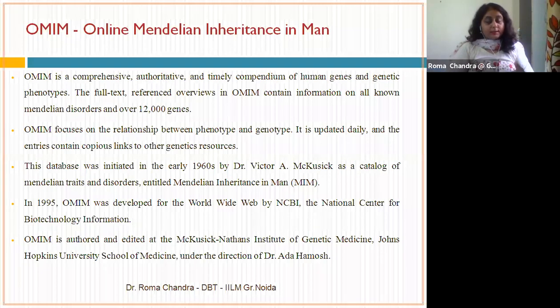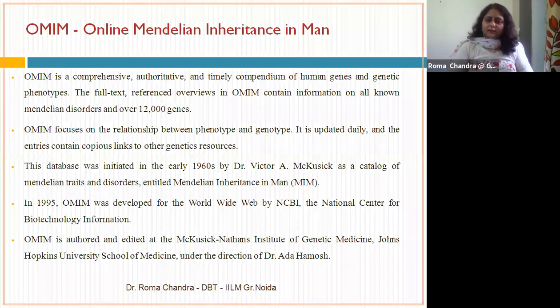And particularly this will deal with the Mendelian disorders, dealing with Homo sapiens obviously. So what about the relationship of phenotypes and genotypes, or all about the different links to different genetic sources, the different databases again. Okay, and this was developed long back in 1995 by the National Center for Biotechnology Information, NCBI, and it is actually authored and edited at the Institute of Genetic Medicine.